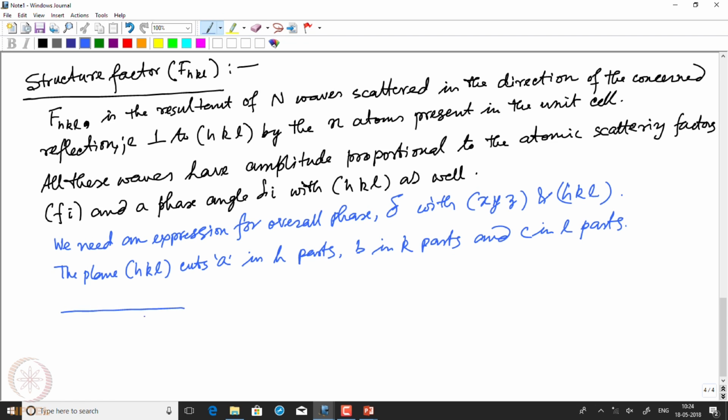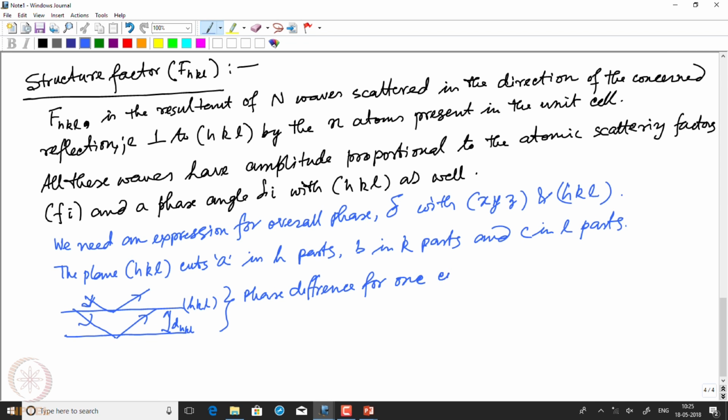So when we have a set of HKL planes with a distance dHKL and an X-ray wavelength, when diffraction occurs from these planes, the phase difference for one cycle is equal to 2 pi.